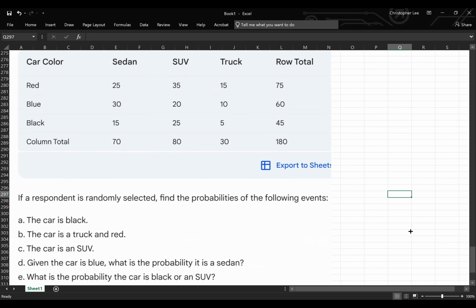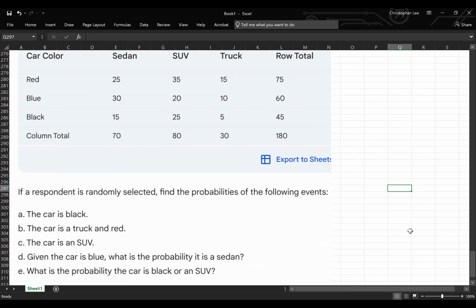So we're about to talk about cars and colors, right? Y'all remember this chart? Y'all can just give me the answer. I know it's mad easy. Go ahead. What's the answer for A? The car is black, 15 over 180.